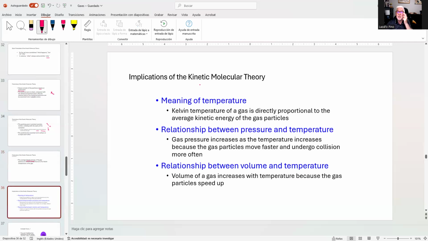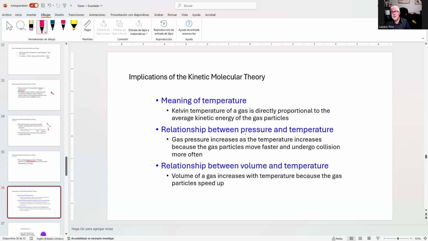So, what are the implications of the kinetic molecular theory? Meaning of temperature: the Kelvin temperature of a gas is directly proportional to the average kinetic energy of the gas particles.